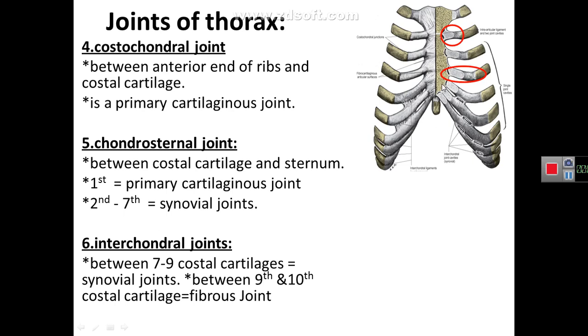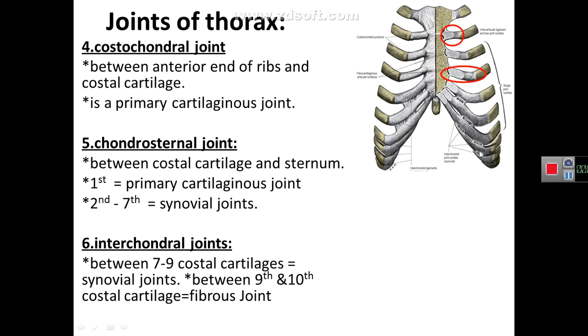And as you know, such chondrosternal joints occur between the costal cartilages of the ribs from number 1 to number 7, that are called the true vertebrosternal ribs. These joints are synovial joints except the first one, which is a primary cartilaginous joint, while all the others are synovial joints.